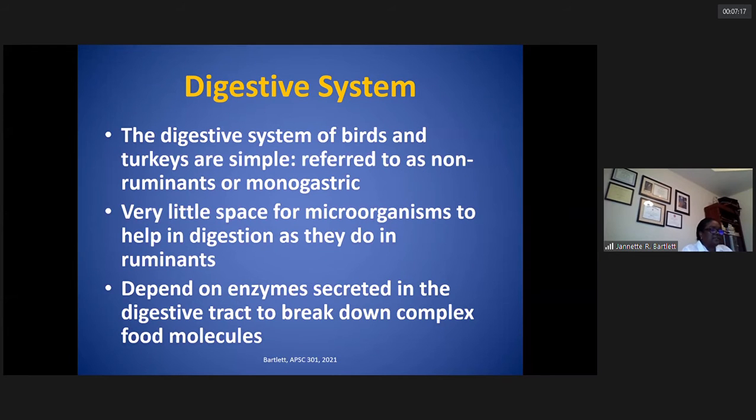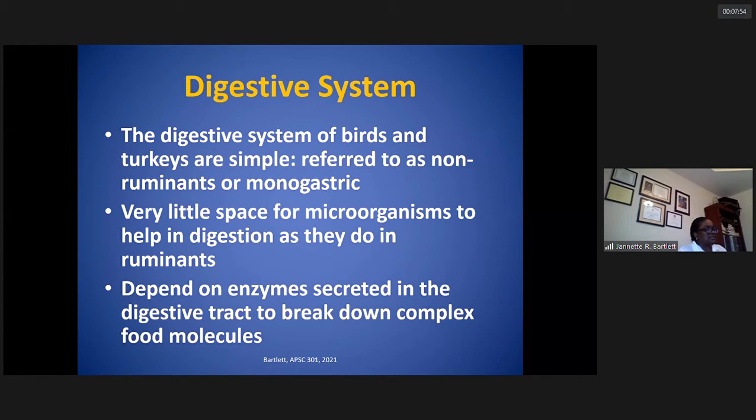Just so that you guys know, when we talk about this later, in a certain part of the digestive system of poultry, the ceca, there are a very minute number of microorganisms, but not enough to be part of the major digestive process. But if, for example, some type of roughage gets into that area before it's digested, then some of those very minute amount of microorganisms will be able to digest that.